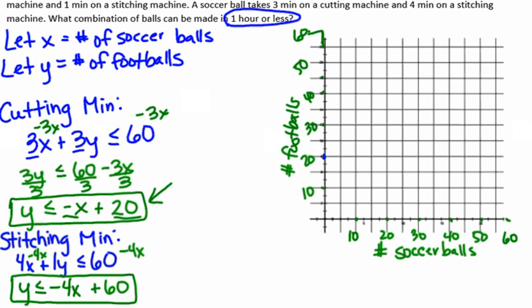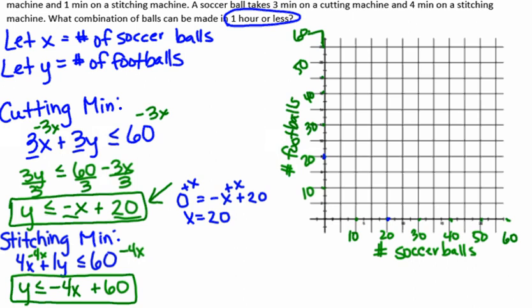So we know our y-intercept is 20. We want to solve for our x-intercept. So what is my x when my y value is 0? So when y is 0, -x plus 20, well, let's add x to both sides. X also equals 20. So I know I have a y-intercept of 20 and an x-intercept of 20.